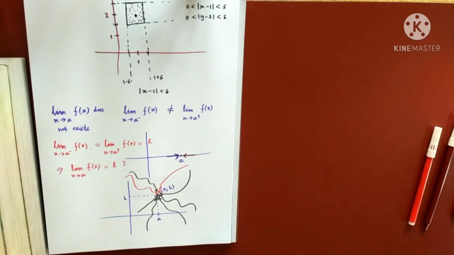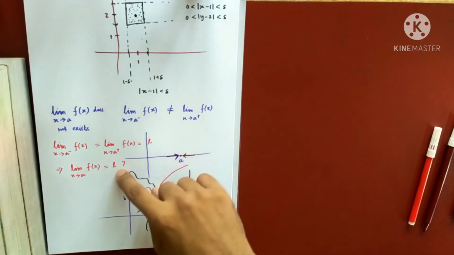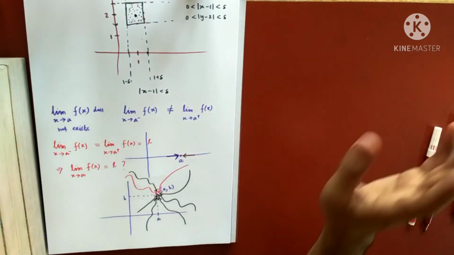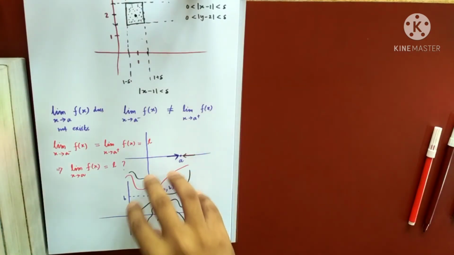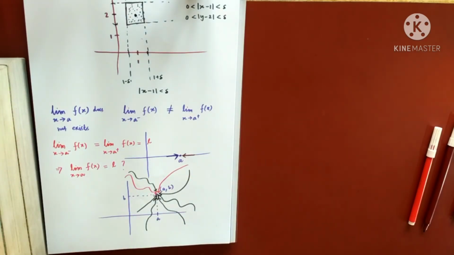If for all possible paths the limit is L, then I can say the limit at (a, b) will be L. But checking all possible paths is not at all possible, because there are infinitely many paths that can approach (a, b). So this will no more hold for a function in R2, R3, and so on. So this will be used only for cases when the limit does not exist.